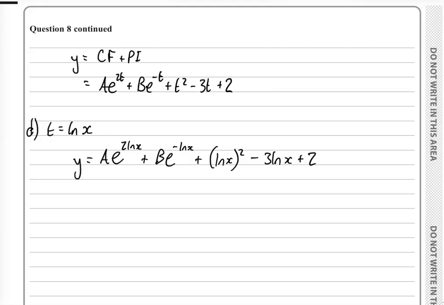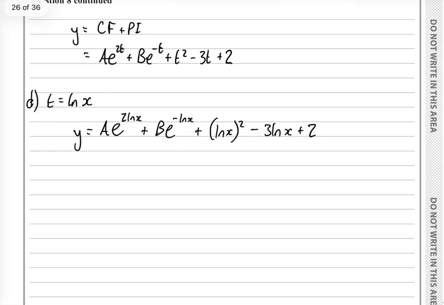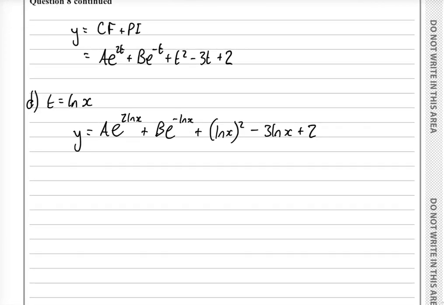It didn't give us a particular format, but it would be strange to leave logs in exponentials like that, because this 2 can become a minus squared there, and same with the minus 1 on the next one. So that will become a x squared plus b x to the minus 1. The rest would stay the same. And that is our general solution.